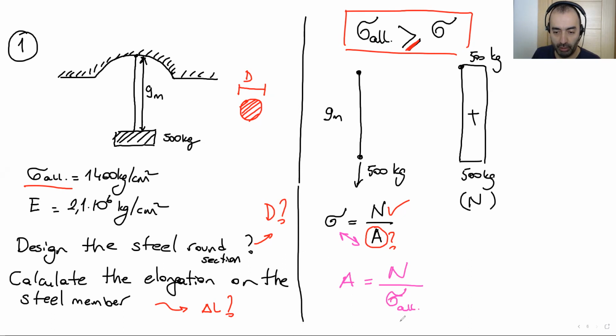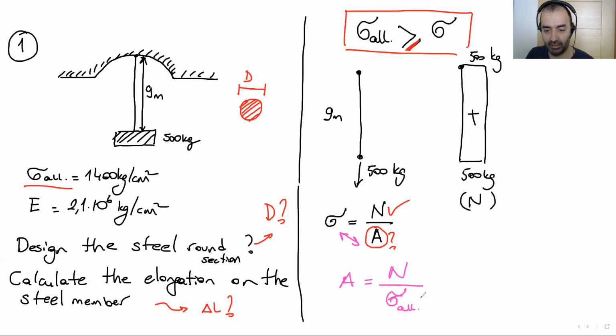Because if I put the allowable stress here, I can calculate an area, which is the optimum area for this section. So my stress can be at most the allowable stress. Don't forget this one. When I say design the section, keep this in your mind: the maximum stress can be my allowable stress. Put this allowable stress instead of the stress, and then calculate the area.